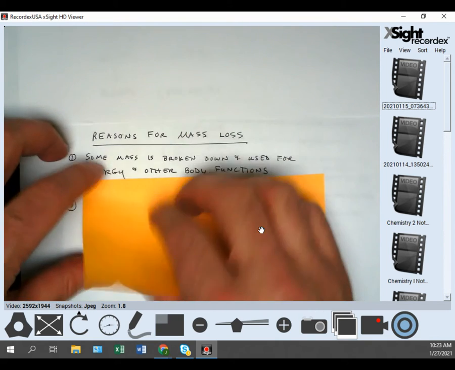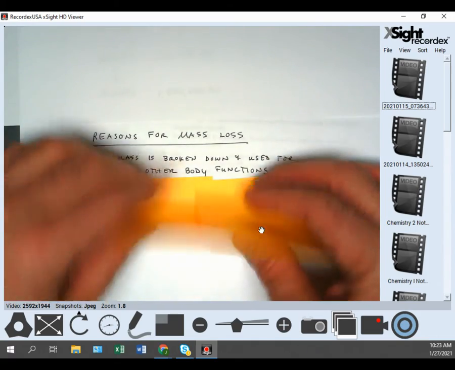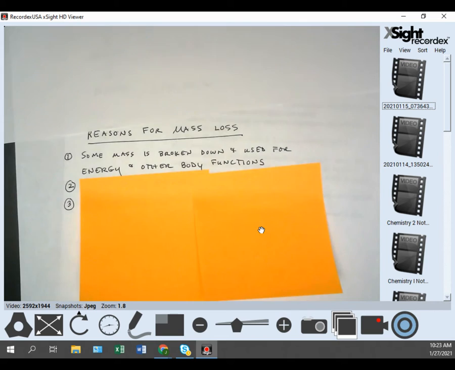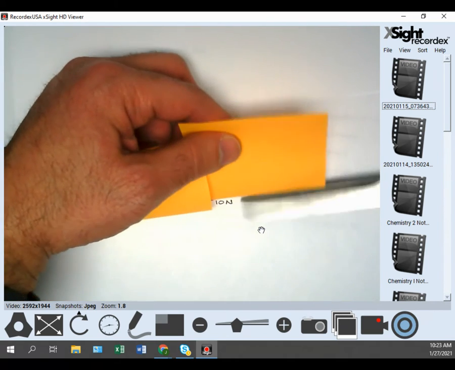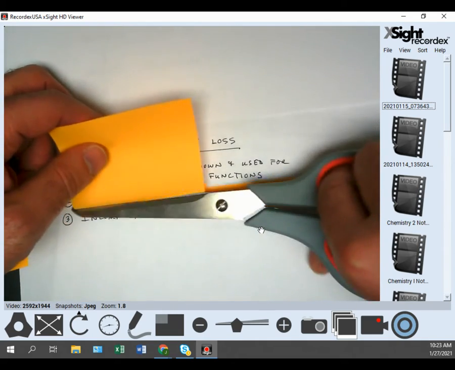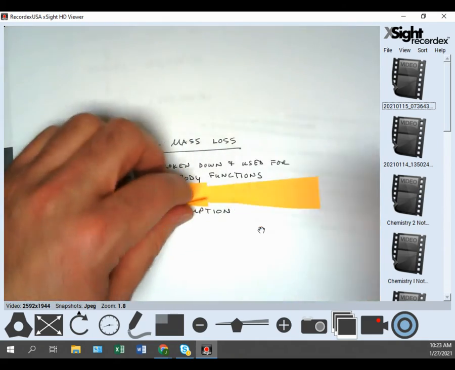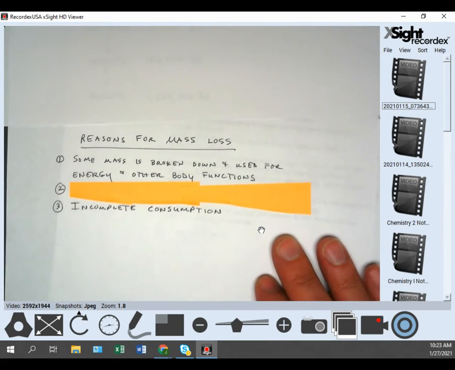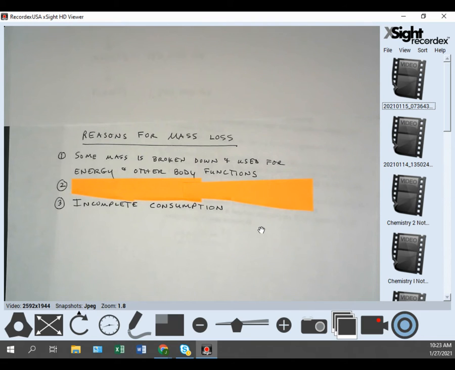Another one. I should have done this in a different order. I've got it listed as the third one, but you can put it as the second one. Incomplete consumption.